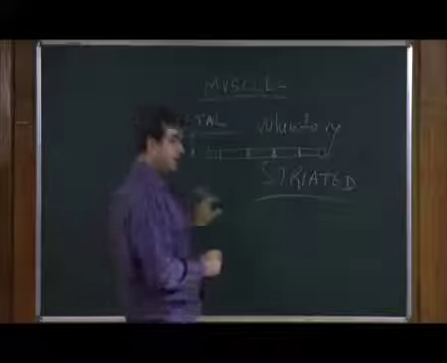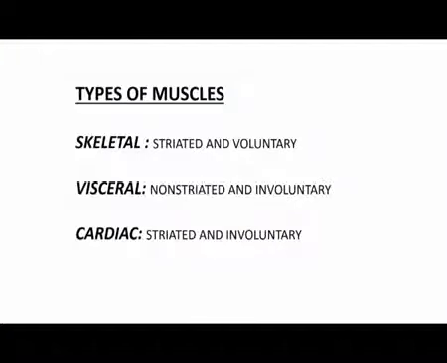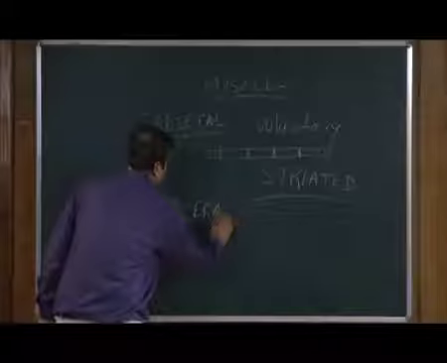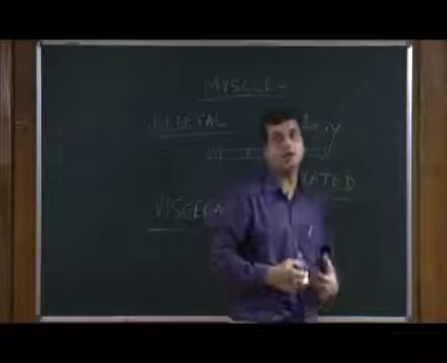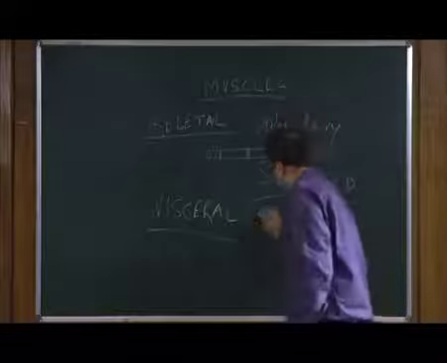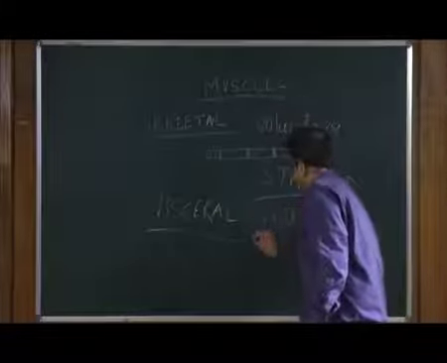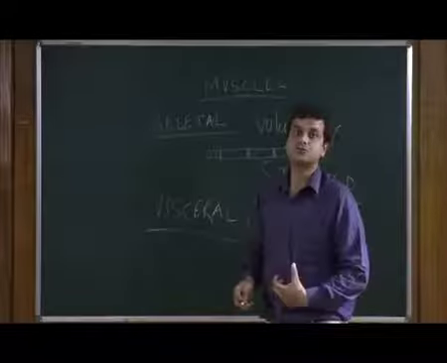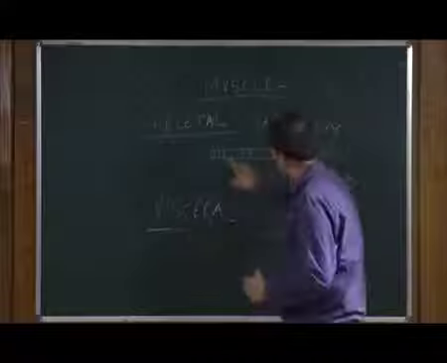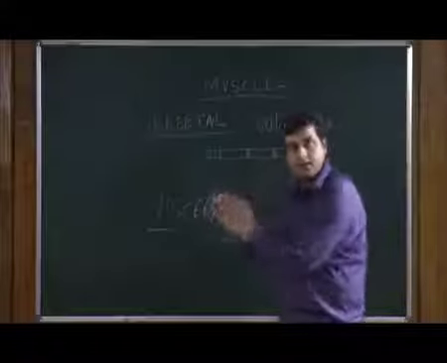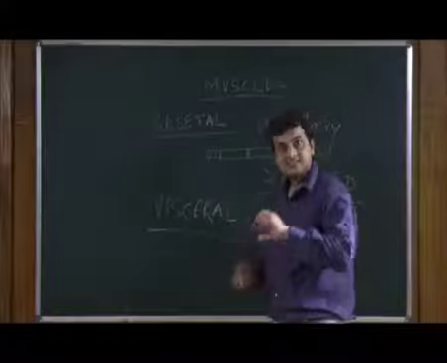The second one, which is different from skeletal muscle, is called visceral. Now visceral stands for stomach. Anything related to gut, we call it visceral. Gut means gastrointestinal cavity. These muscles do not have this kind of strip in between, so they are smooth in nature.